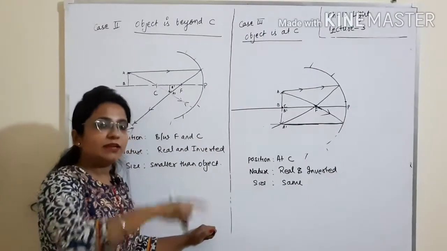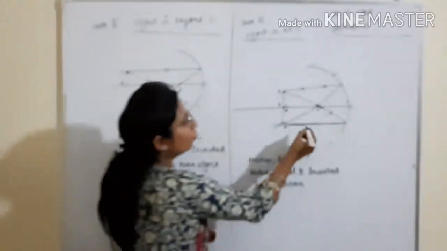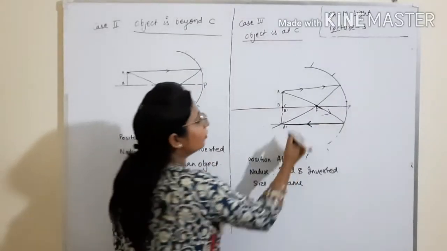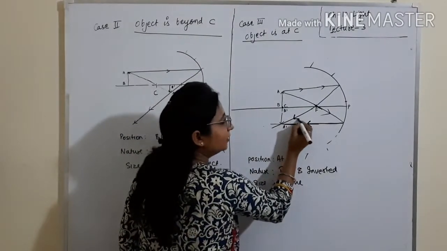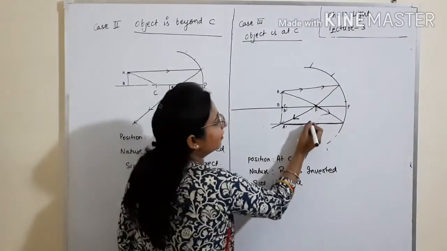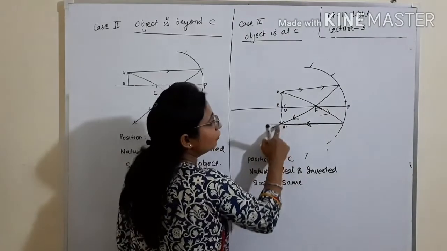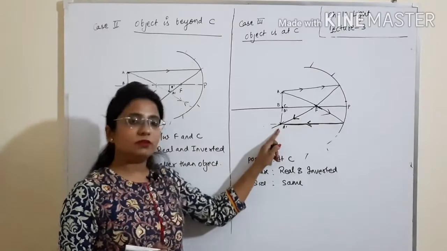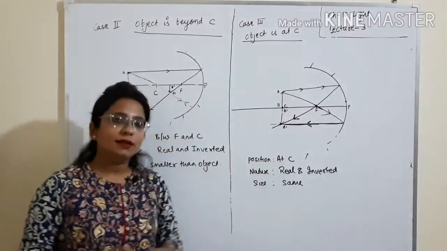Since the second ray is passing through the focus, it will become parallel after reflection. The first reflected ray is this, which is passing through the focus, and the second reflected ray is parallel, and these two reflected rays meet at this point. So here the image is formed, A dash B dash.